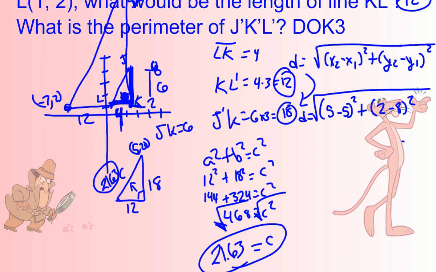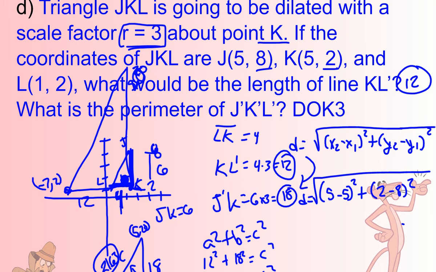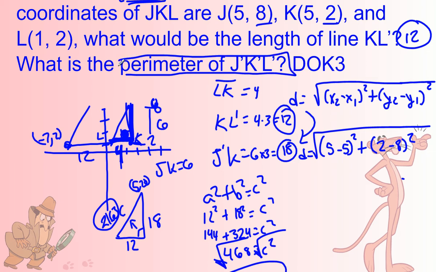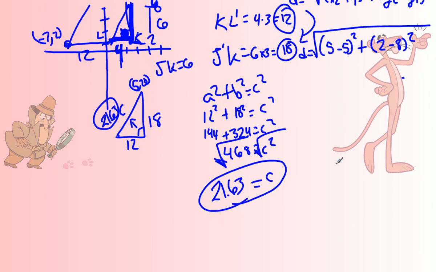Alright, are we done? Did we answer everything we should have? No. We did not actually tell what the perimeter is yet. Our job here was to find the perimeter of JKL. We now know all three sides. Since we know all three sides, we can find the perimeter.